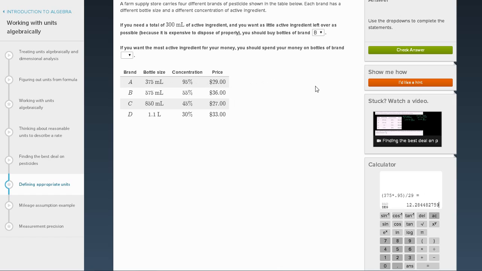So that's 12.28. Let's try the next one, same way. Open parentheses, 575 times 0.55, close parentheses, divided by 36, and that one gives me, is that right?